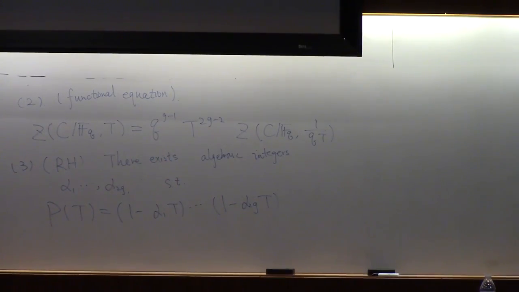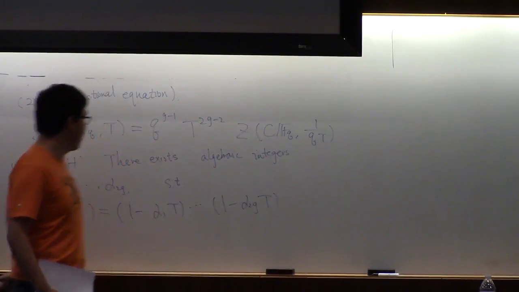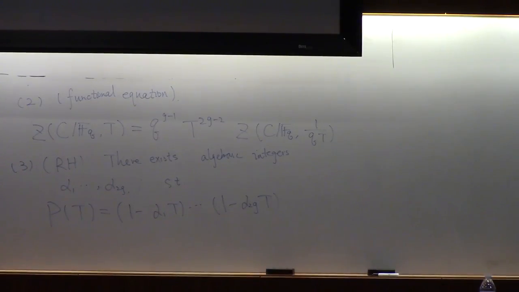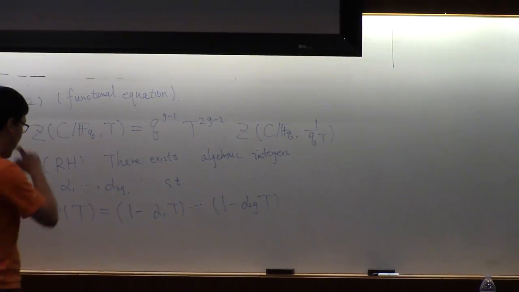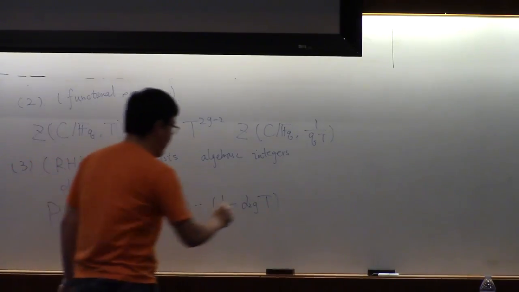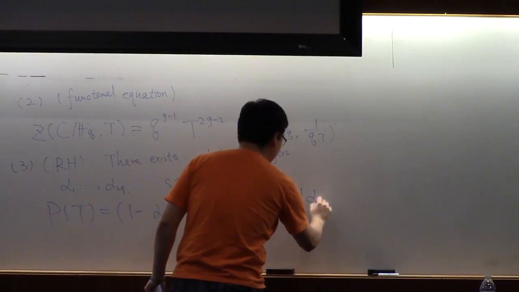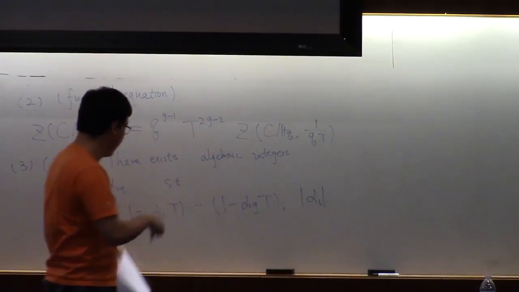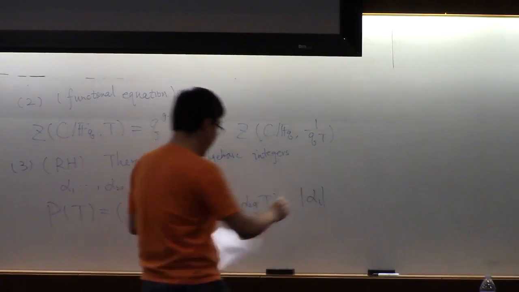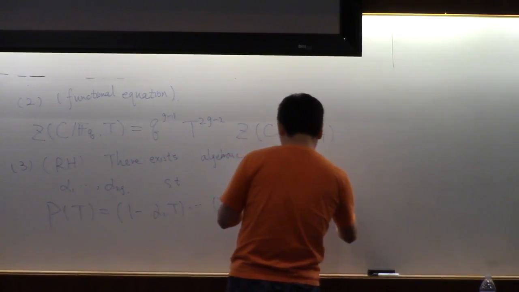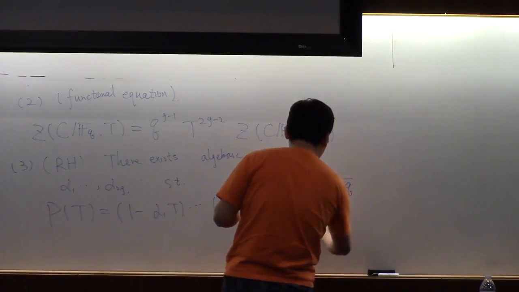In other words, of course, you can always do this if you do not require the algebraic integers. You can always decompose a polynomial with degree 2g into the product of 2g linear functions. But the important thing is that the absolute value of these numbers is equal to square root of q for all i.